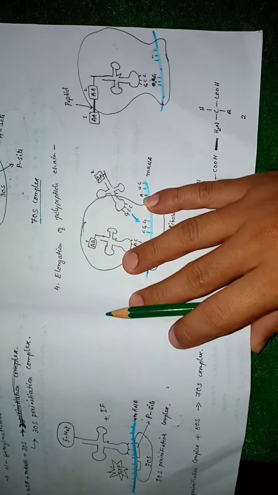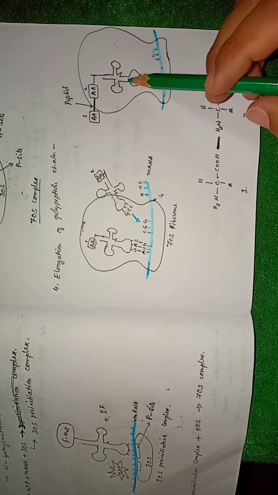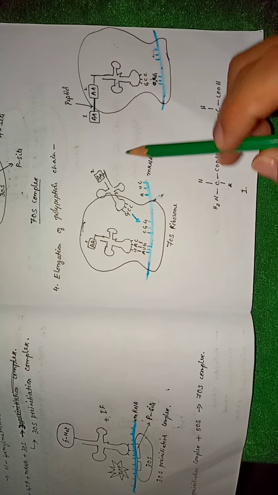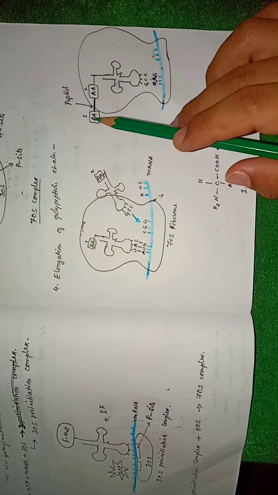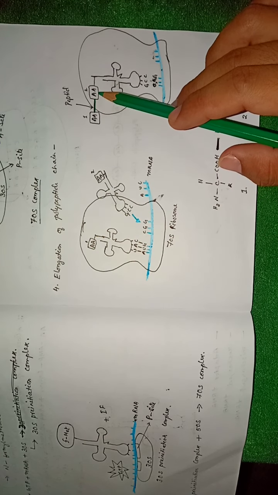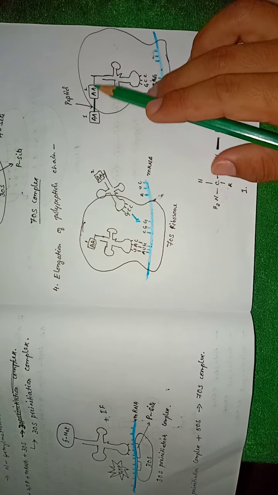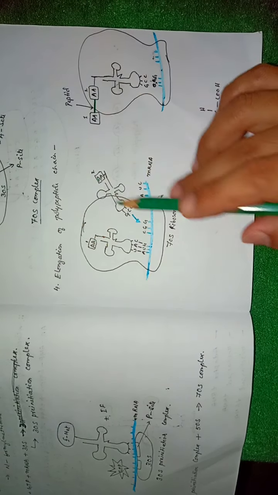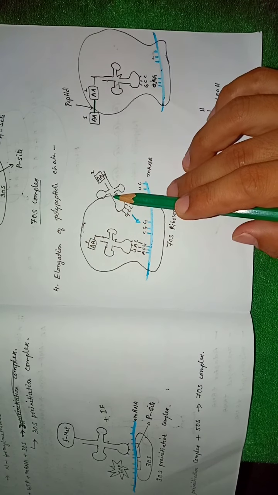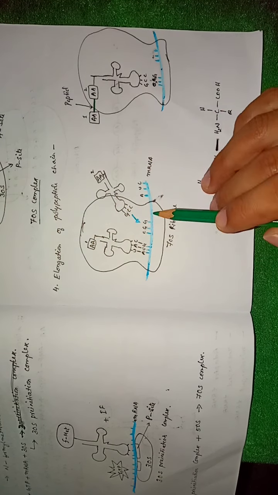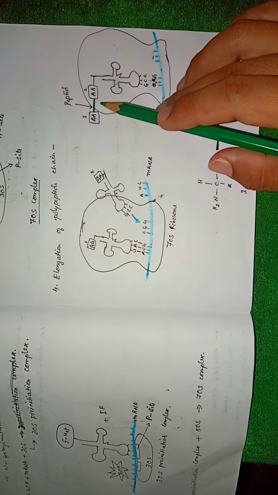And now the two amino acids are joined together by the formation of a peptide bond. Once this tRNA comes and joins here, the two amino acids will be joined together by a peptide bond.